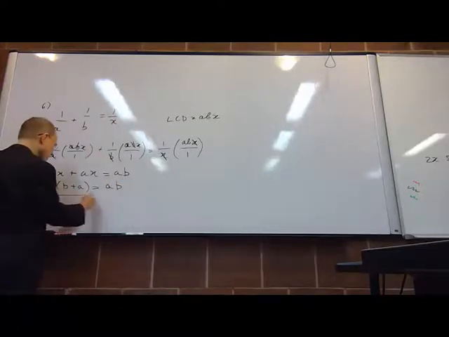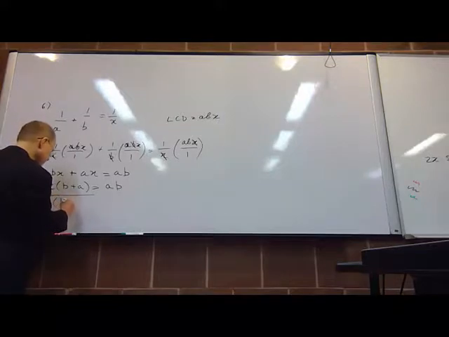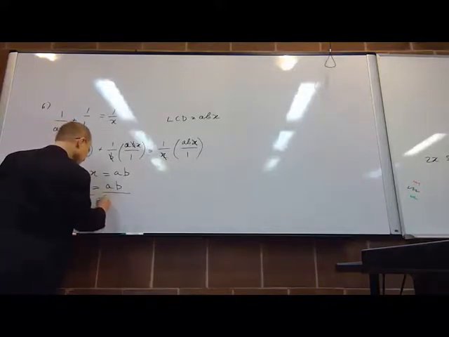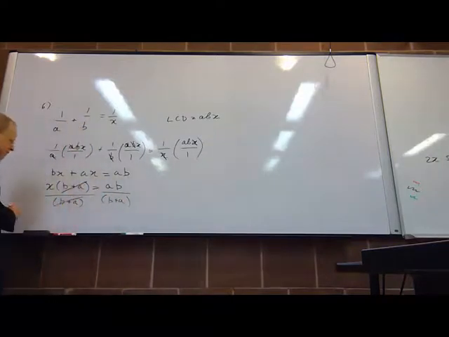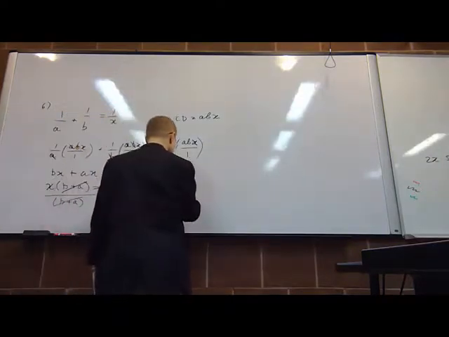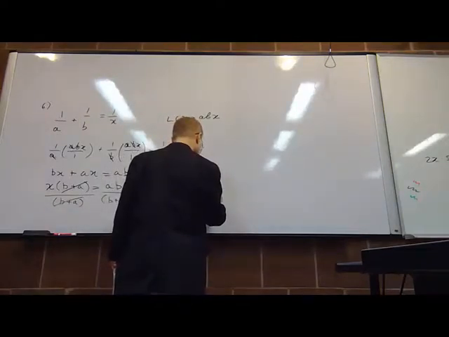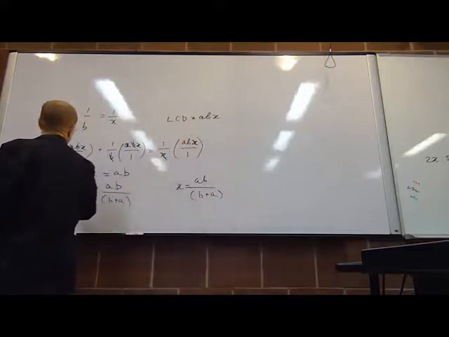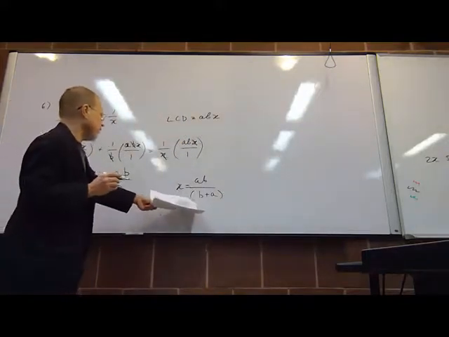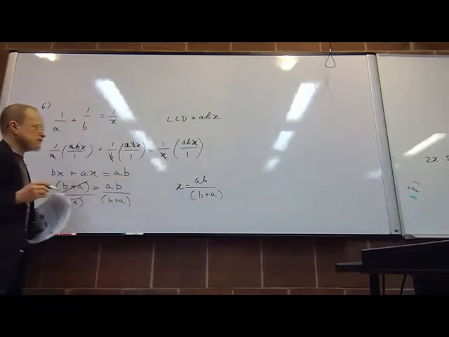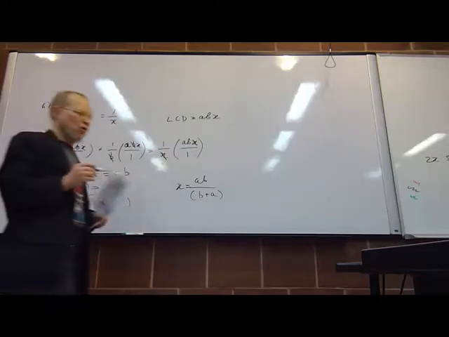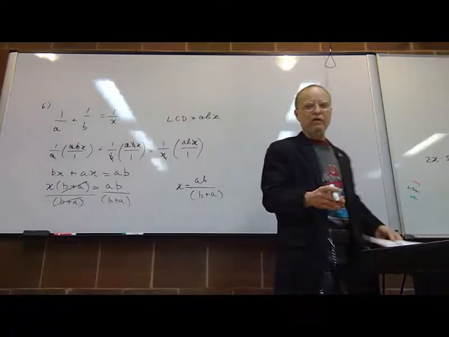And then we divide by b plus a, and we get x is equal to ab over b plus a. And we see if we plug in where the x is, it's not going to give us 0, so we know that we are going to be okay.